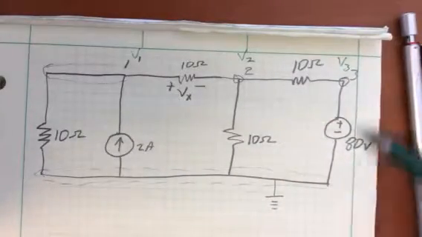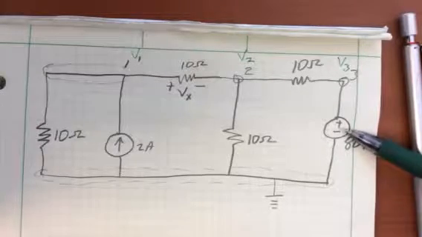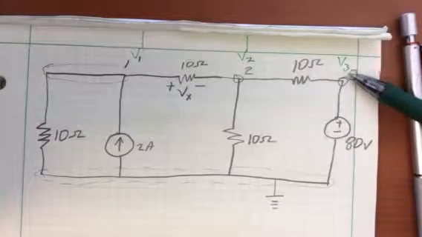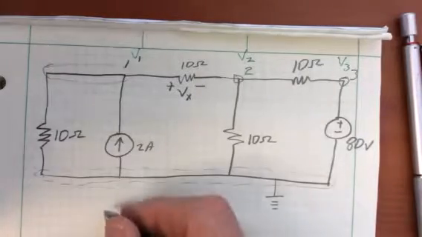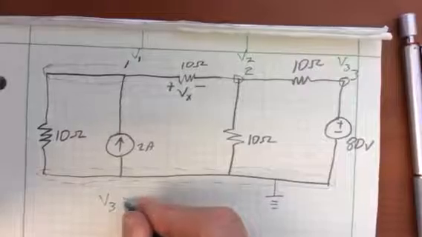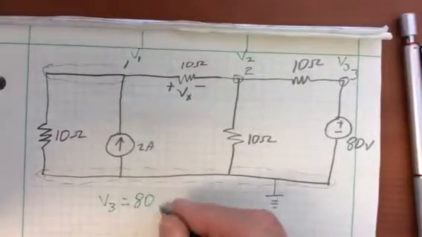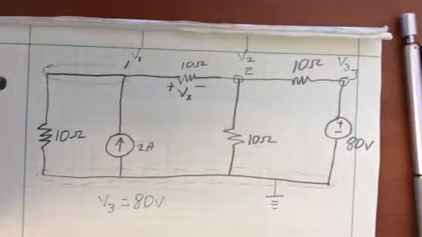With this 80 volt supply, if that's 0, voltage 3 is 80 volts above that. So by examination, I can see that voltage 3 is equal to 80. That'll simplify some of our analysis. We just need to find voltage 1 and voltage 2 now.